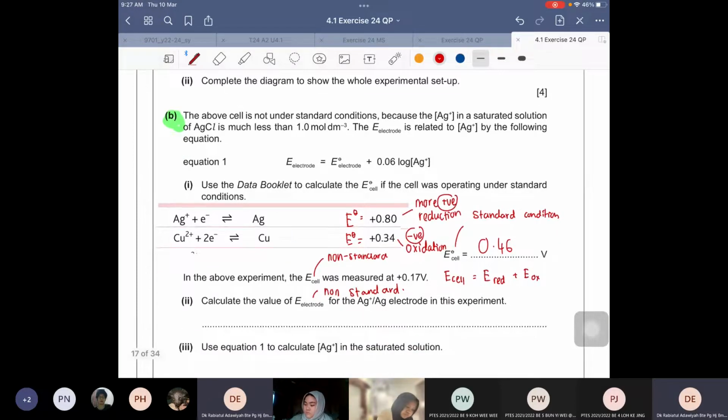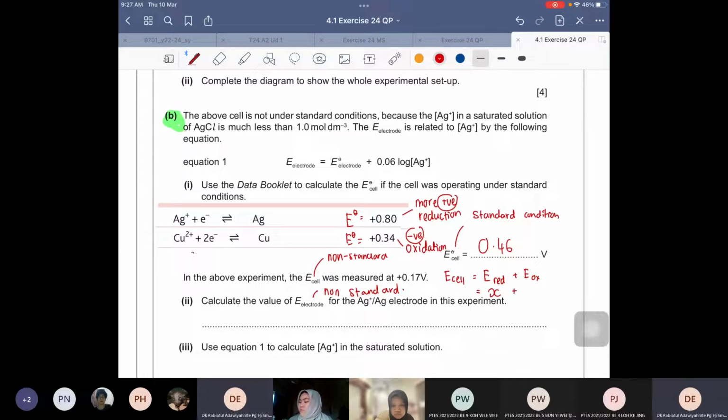As I said, copper has no effect. We are not changing the concentration of copper. So our electrode potential of reduction is x. The electrode potential of reduction is what we want to find because we don't know the value.